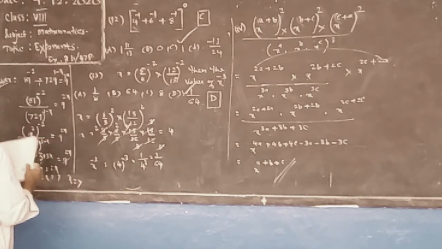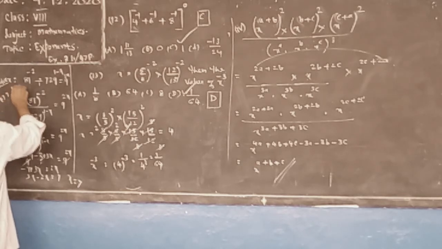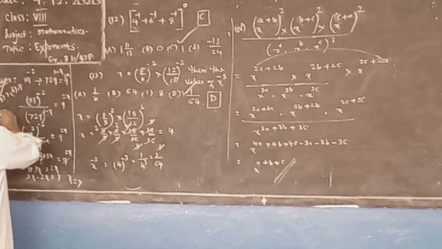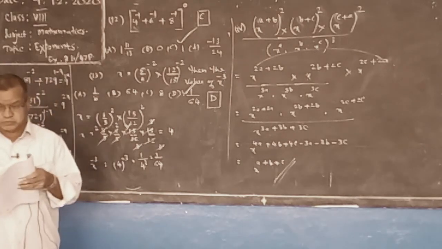So the answer is C. A value given is 2, B value given is minus 2, C value is 7, D value is minus 7. So the answer is C. Like this, you have to do.